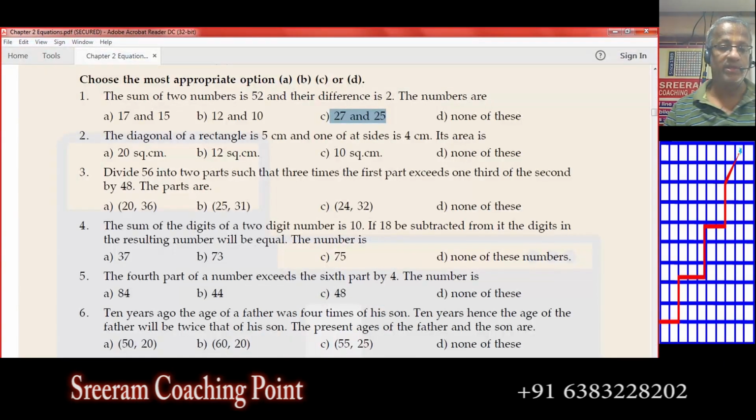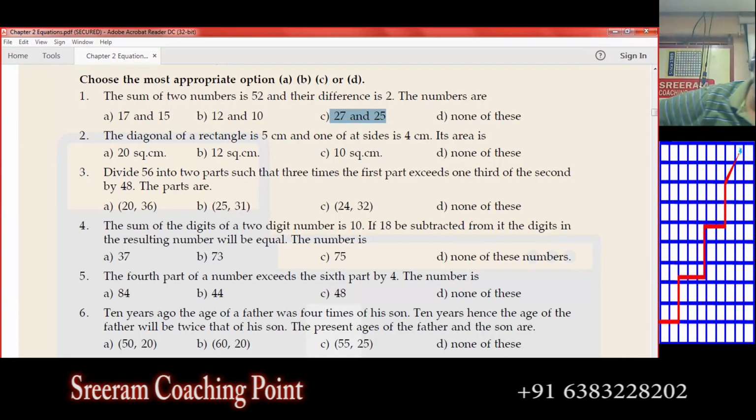Third question: divide 56 into two parts such that 3 times the first part exceeds 1/3 of the second part by 48. The parts are... if you closely follow, you will get it. Divide 56 into two parts, that means x plus y equal to 56.